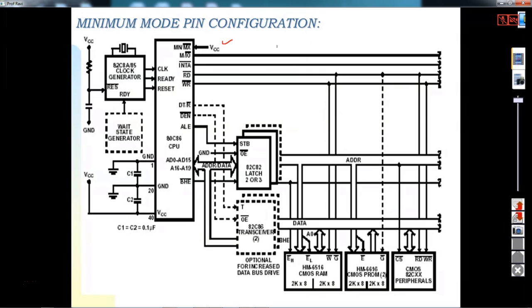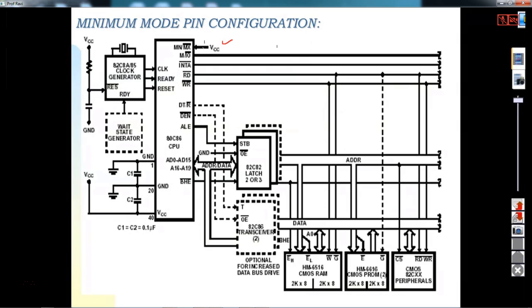It can work alone, or it can accommodate one more processor. When it accommodates a sub-master, it is working in a multiprocessor environment, that means it is accommodating another processor to do tasks. In maximum mode, you can connect one more processor, the 8087, and work.